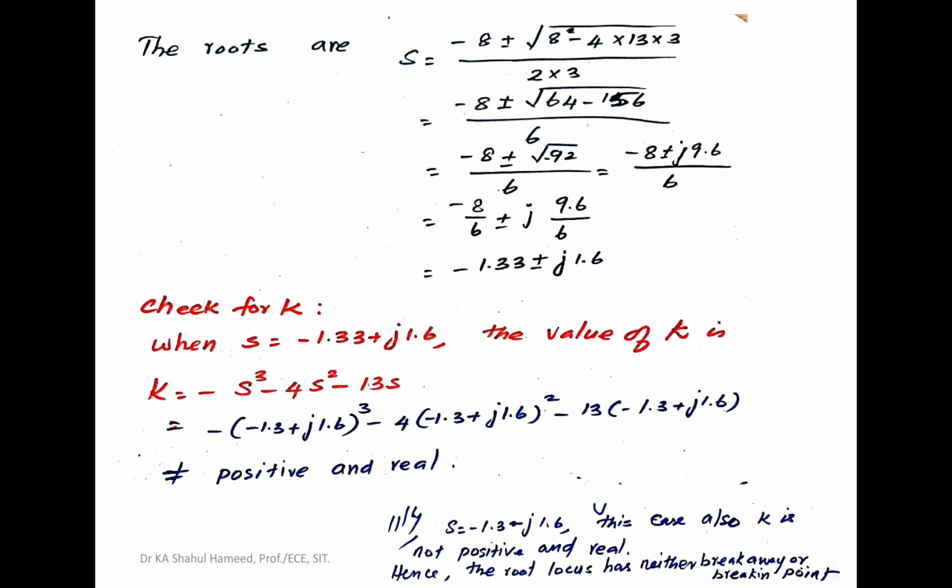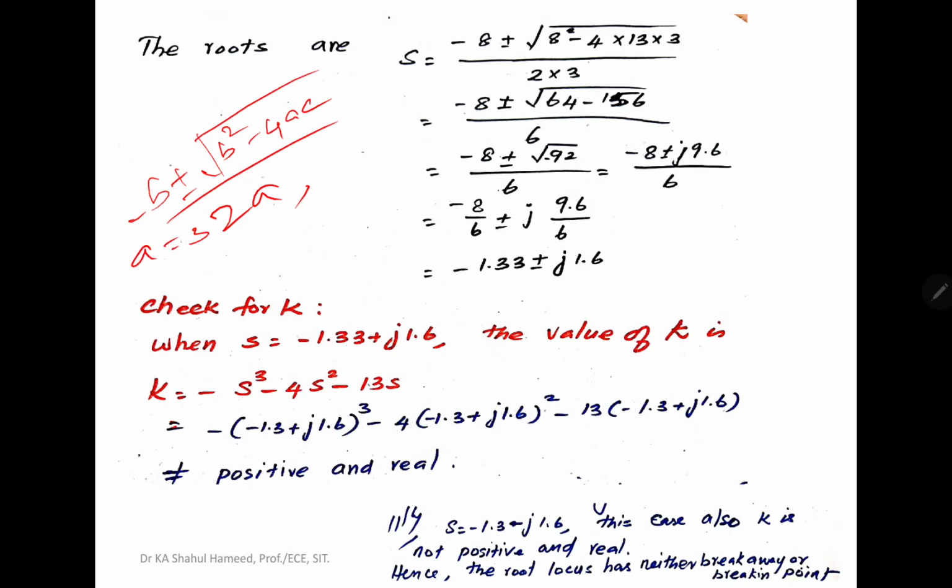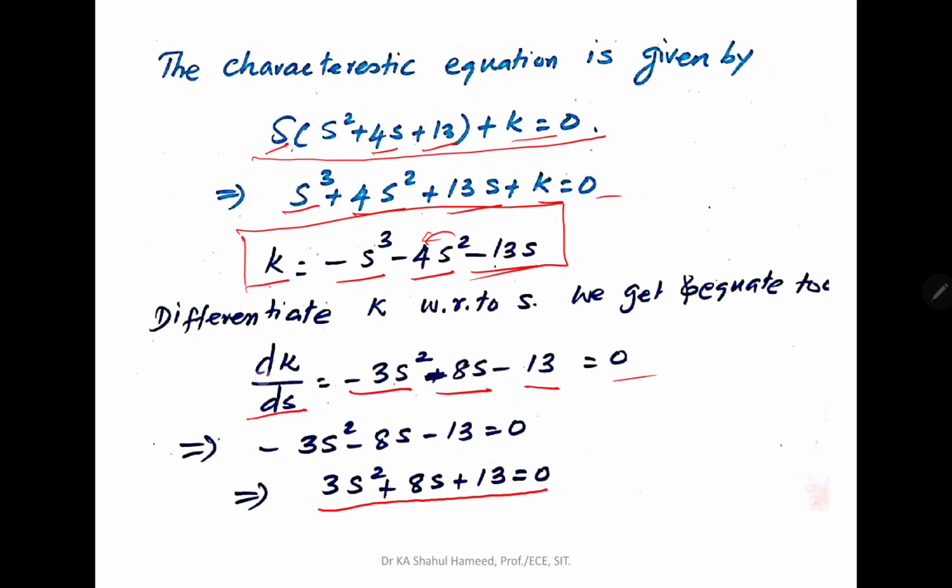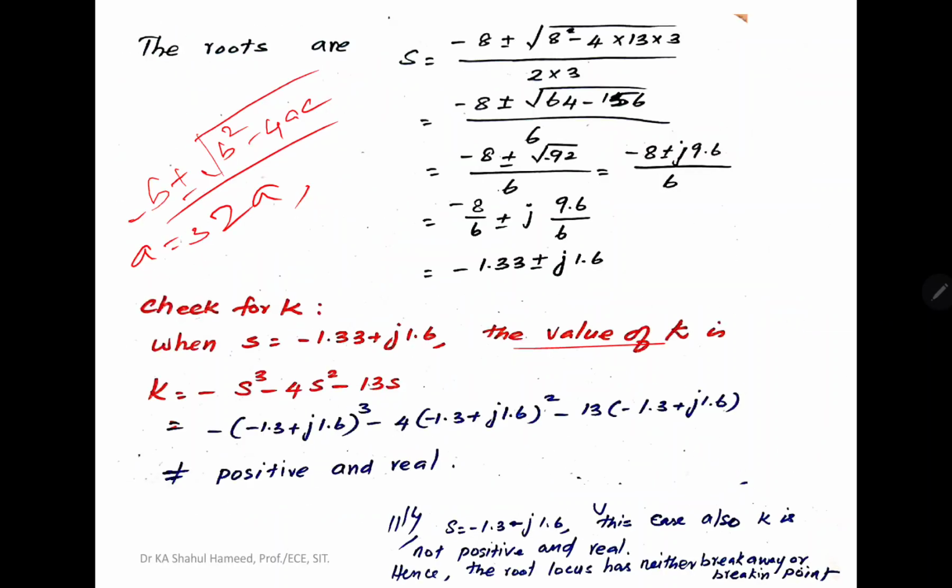The same formula which we have used to find the poles and zeros, that is minus b plus or minus square root of b square minus 4ac divided by 2a, and here a is equal to 3, b is equal to 8, and c is equal to 13. You substitute in this formula, you get s is equal to minus 8 plus or minus square root of 8 square minus 4 into 13, 13 into 3 divided by 2 into 3.